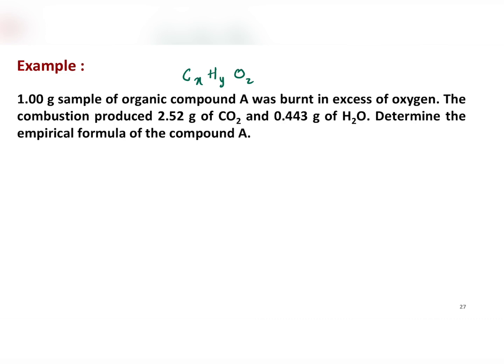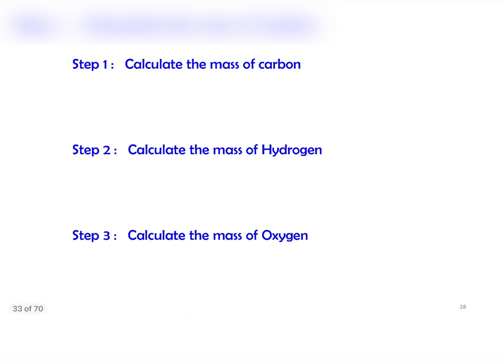Okay, so for this question, kita kena calculate step by step. So ada 3 step. Right, the first one kita perlu calculate the mass of carbon, and then kita calculate mass of hydrogen. Next, kita akan calculate mass of oxygen from the given information. Okay, so ingat organic CHO.